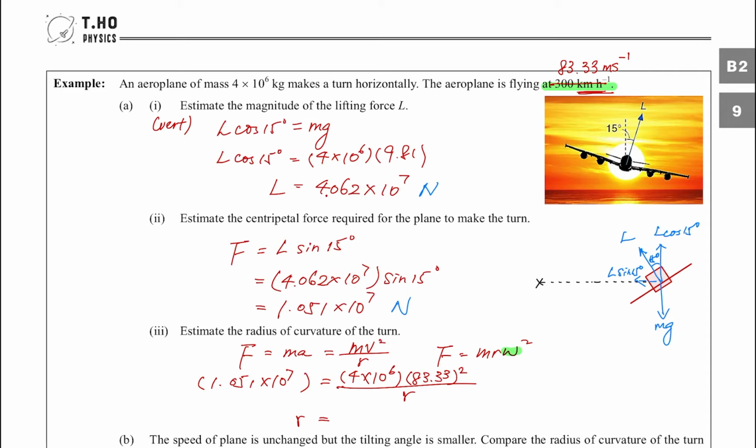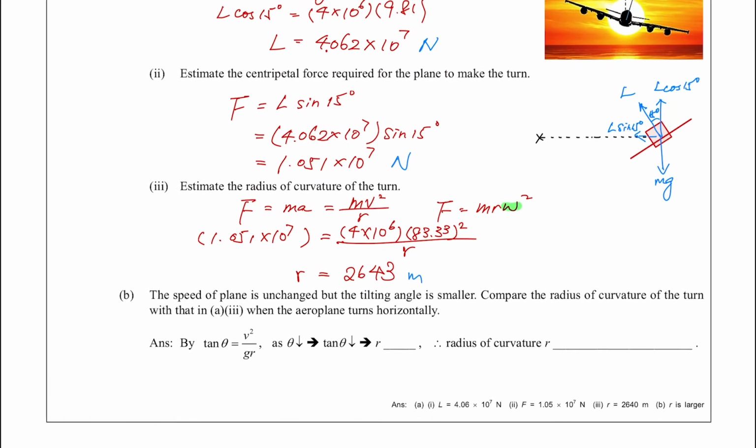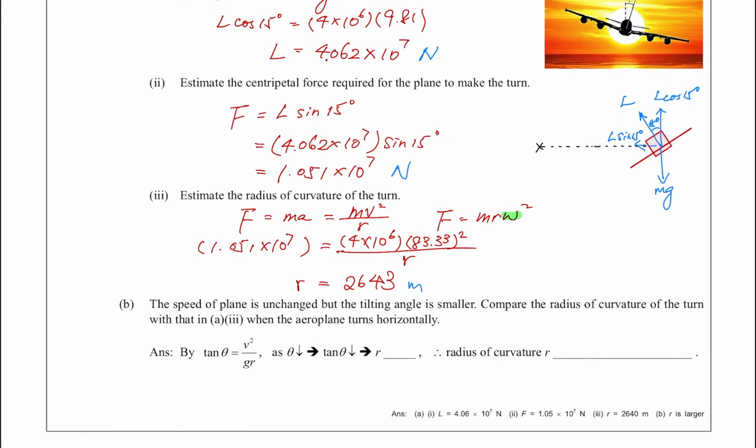So the radius will be 2643. Because now we are talking about radius, the unit will be meter, standard unit.